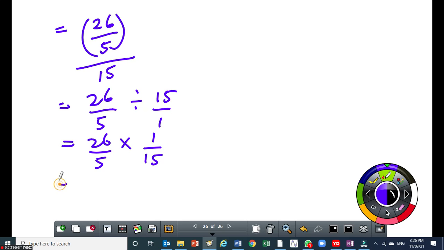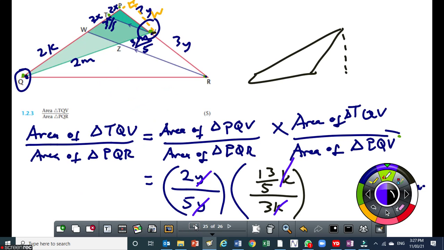Okay, so the final answer will be 26 over 75. Yeah, it's a level 4 question, by the way. So TQ over PQ.